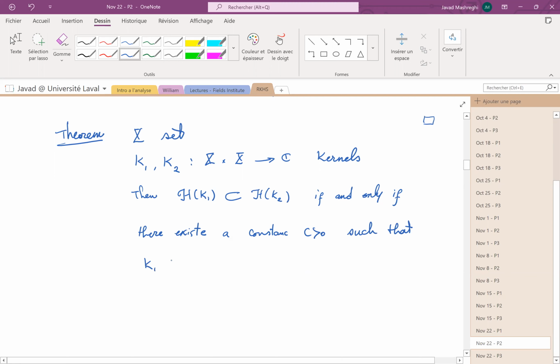So up to here, it's just that an inclusion of two spaces is equivalent to a condition on the kernels.